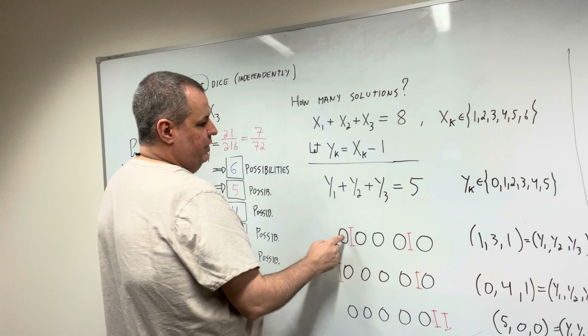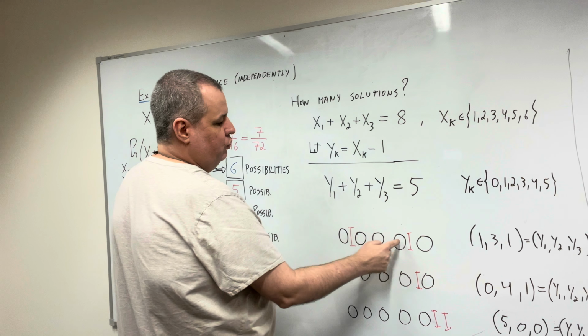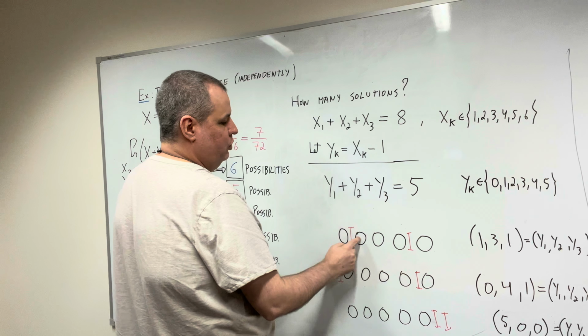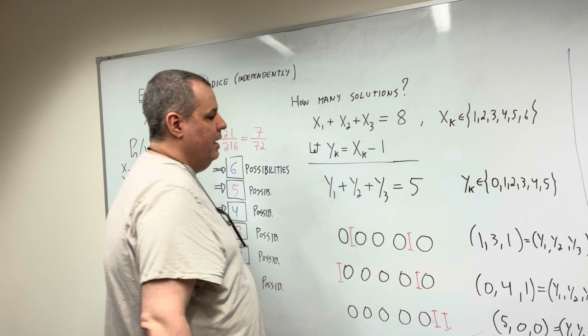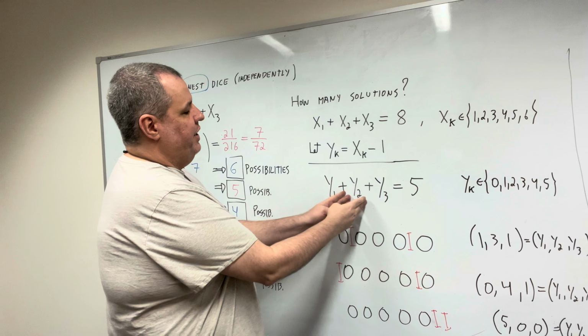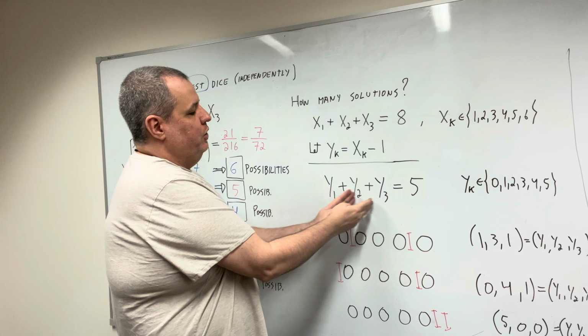Here I draw 5 balls: 1, 2, 3, 4, 5. And how am I going to split them into the first category, the second category, and the third category? Category means the value of y1, y2, and y3.